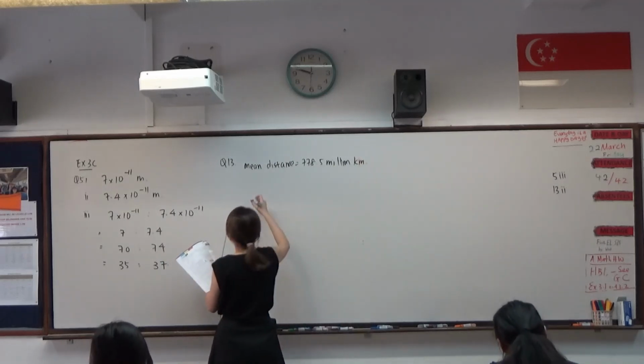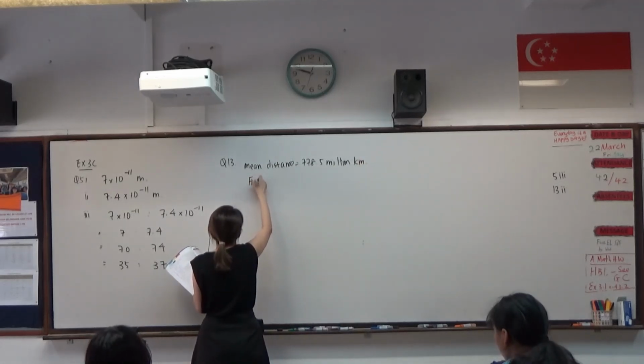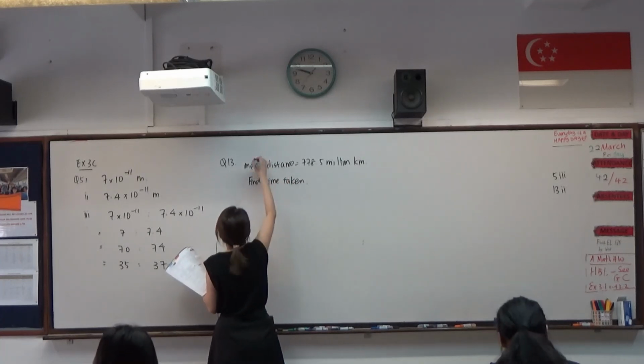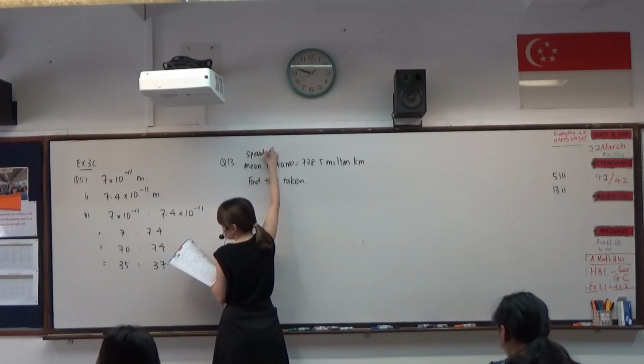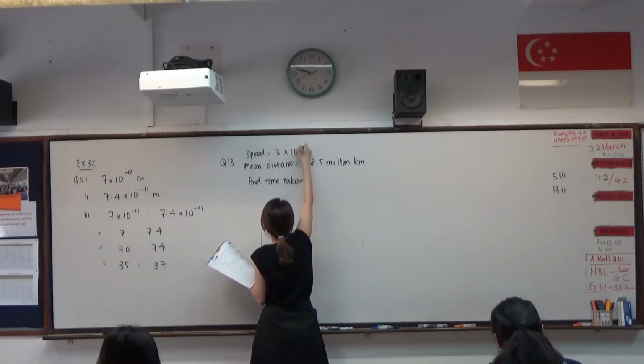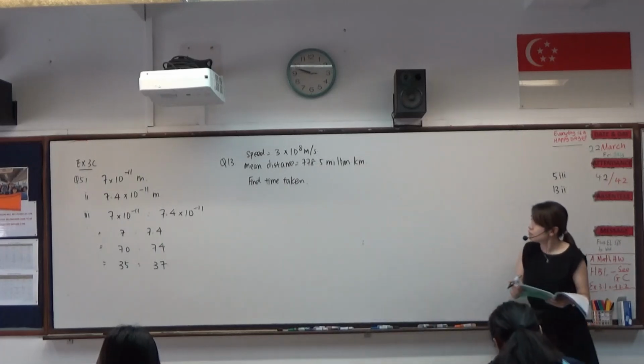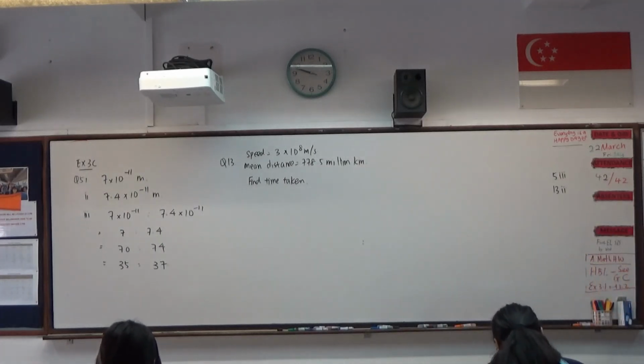Find the time taken. Okay, the speed was given to be 3 times 10 to the power 8 meters per second in standard form. Right? So to find the time taken, what do you need to do?